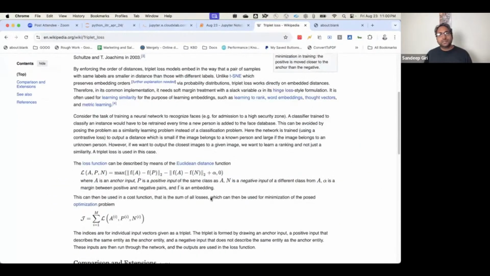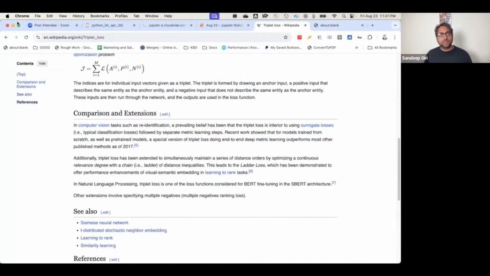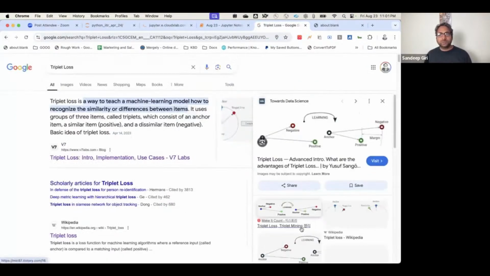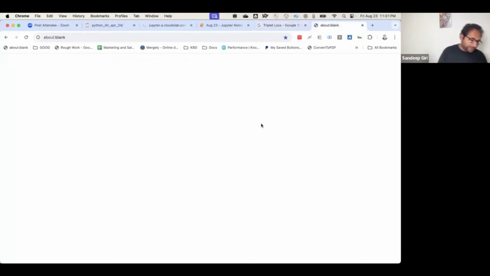Where is the triplet loss example? This is the one I'm talking about. Triplet loss is that we basically compare. No, I don't like it. Let me just draw it again.